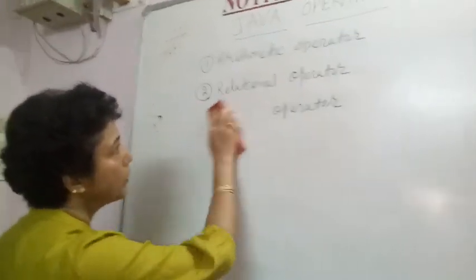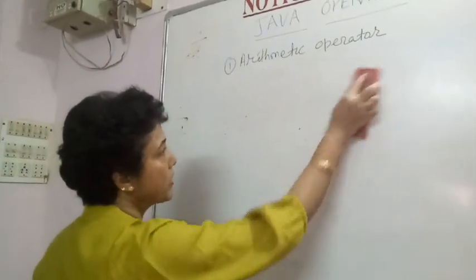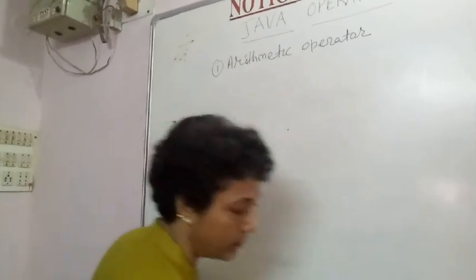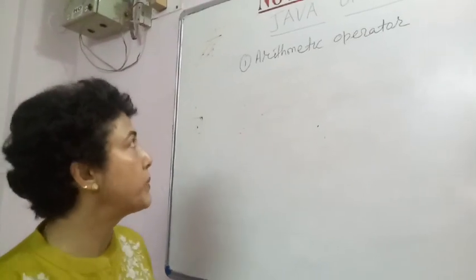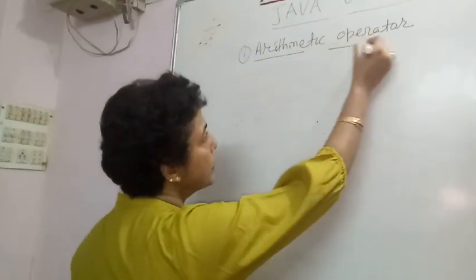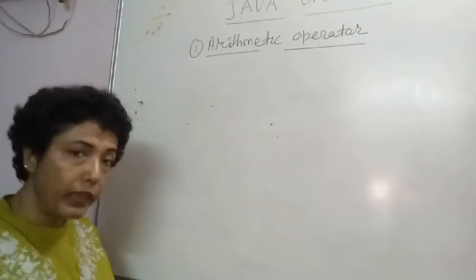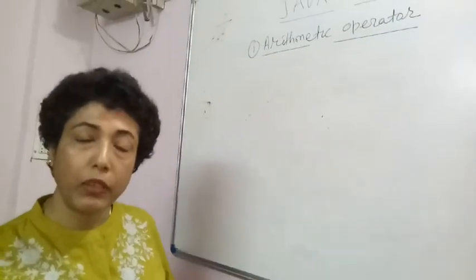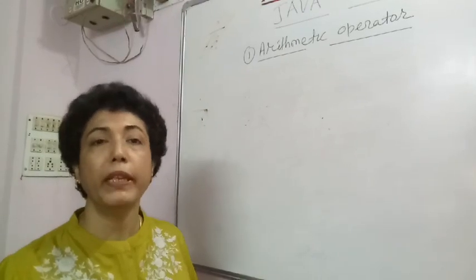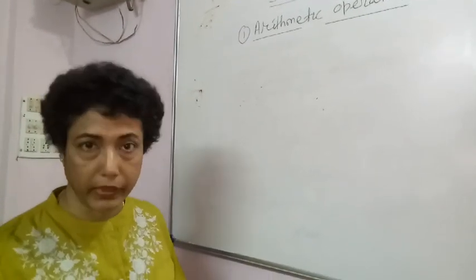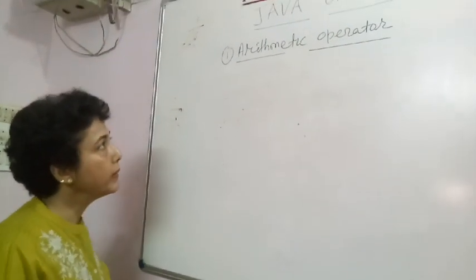Let us discuss the arithmetic operator first. What is an arithmetic operator and what are its types? As the name suggests, the operators that belong to this arithmetic operator group are made for performing arithmetical operations.